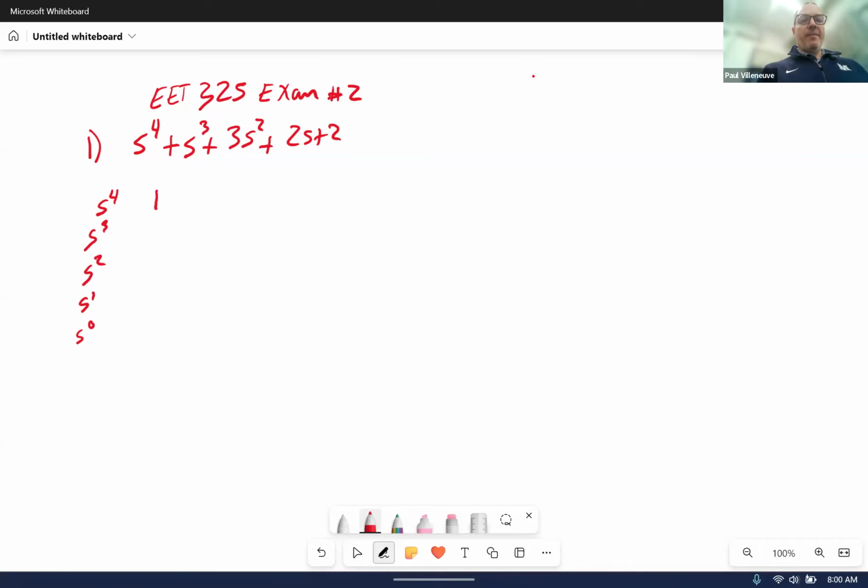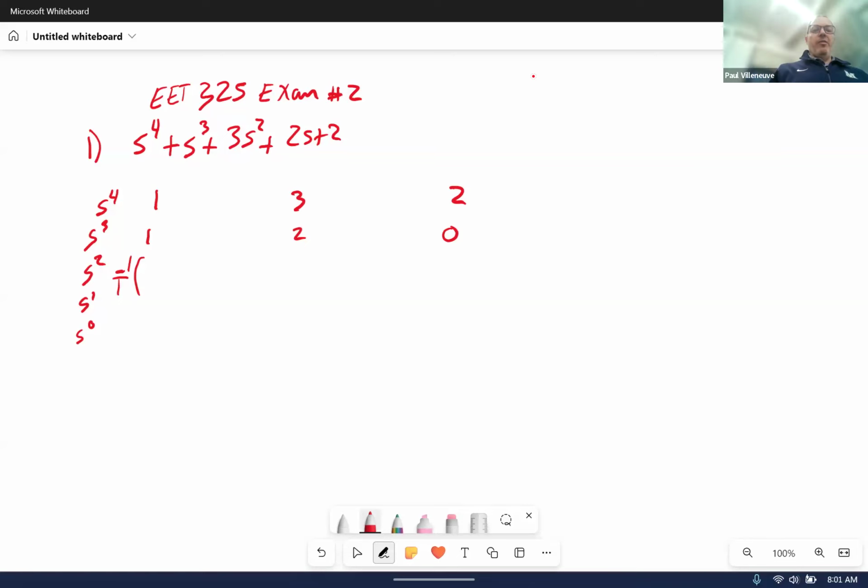We have 1, 3, and 2, and I'm giving myself lots of room so that I can do my calculations here. And then I have 1, 2, and if you need it, 0. To solve for S2, it's -1/1 times the determinant of the first column and the column just to the right.